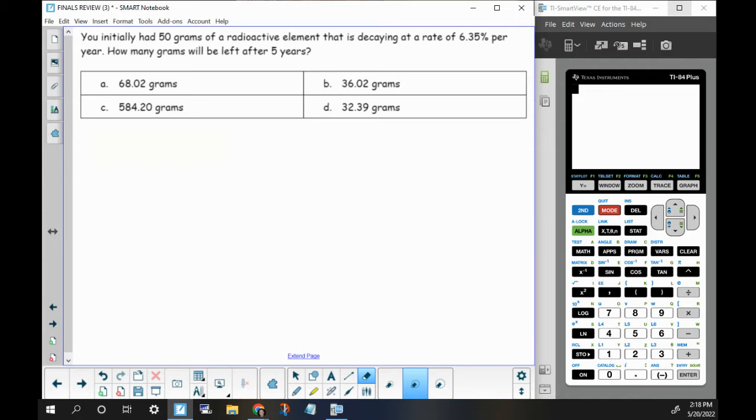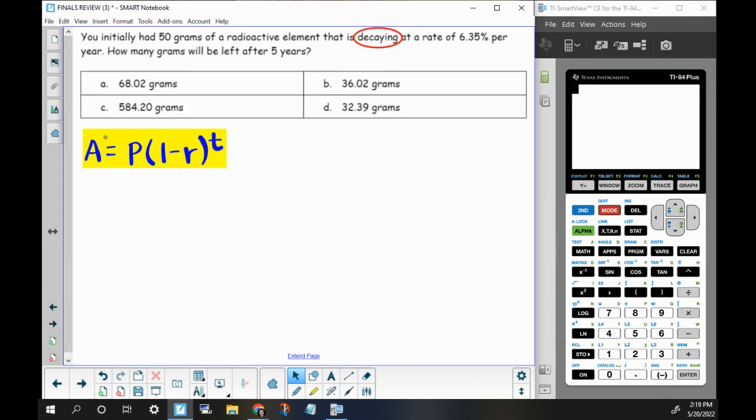Is this a growth or decay problem? It is a decay problem. It flat out tells us this is going to be decay. So if it's decay, we need to use the decay formula, which is P times parenthesis 1 minus R, parenthesis, raised to the power of T.